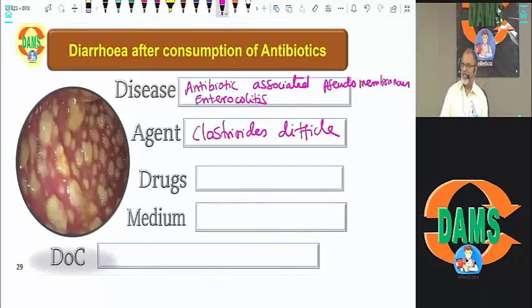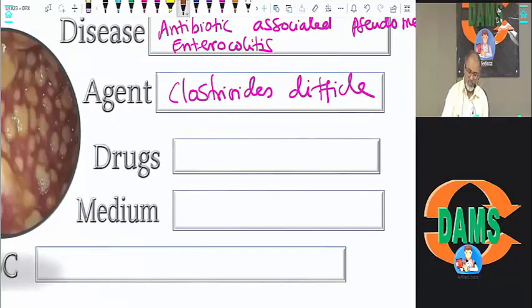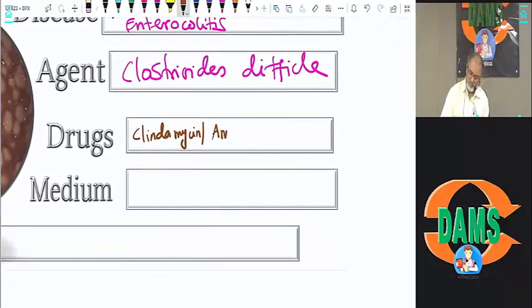Very good. What are the drugs causing this? Any drug can cause it, but common culprits: clindamycin, aminopenicillins, cephalosporins, many things.